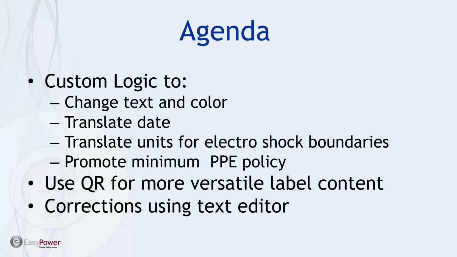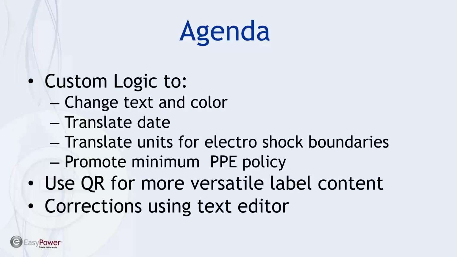So what we're trying to do is cover some of the capabilities in the label editor that allow us to change text and color, translate date, translate units for some of the parameters that may be required for a label. And then we're going to touch on, as I mentioned, the QR code and what kind of flexibility it gives us in presenting information to the field.